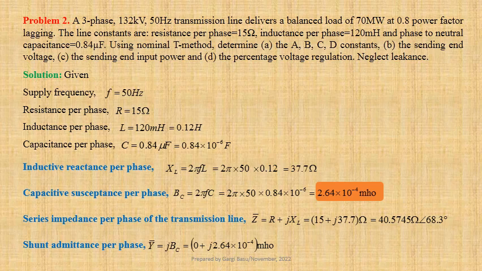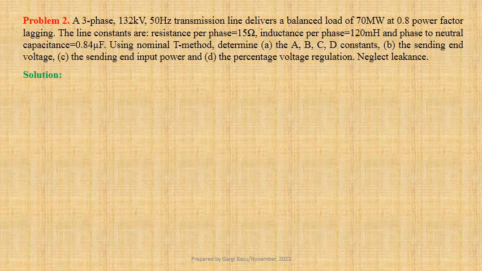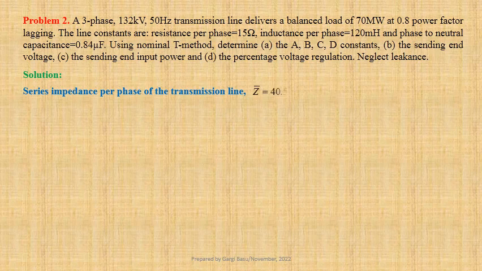This may be written in polar form as 2.64 into 10 to the power minus 4 mho at an angle 90 degree. We have obtained series impedance per phase Z equals 40.5745 ohm at an angle 68.3 degree, and shunt admittance per phase Y equals 2.64 into 10 to the power minus 4 mho at an angle 90 degree.